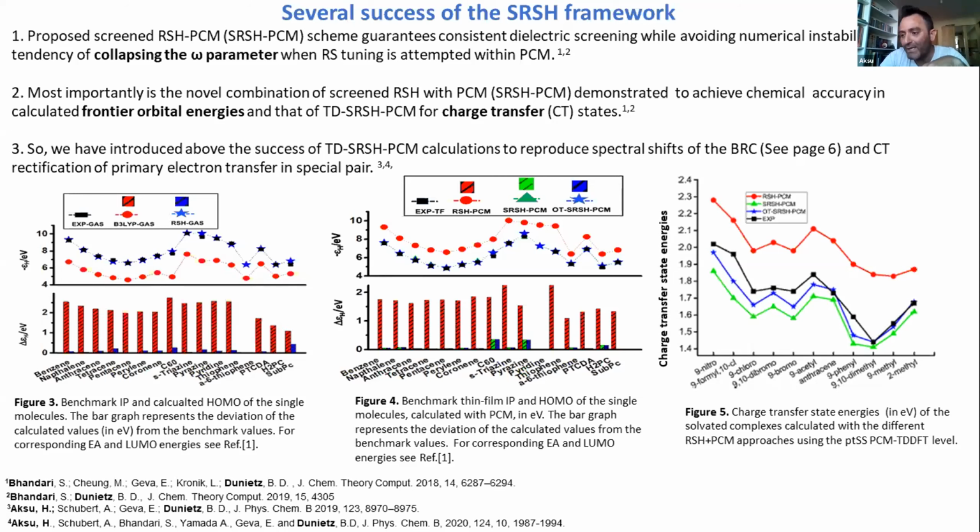We can call this the reactant state to product state. Figure 5 also shows a benchmark calculation of SRSH and OT-SRSH, very well presented with this functional.